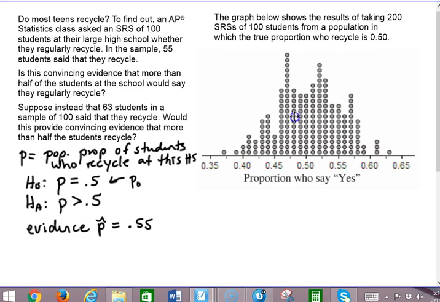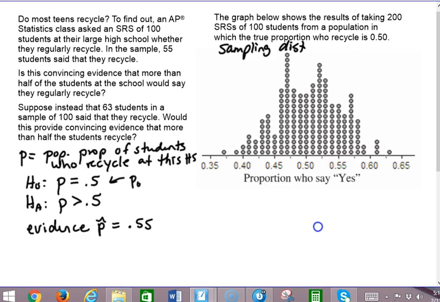So we set this up and say, here's our null hypothesis: 50% of students recycle. If this is true, and we always center our hypothetical population at the null hypothesis value, how likely is it to get a p-hat of 0.55 or above?